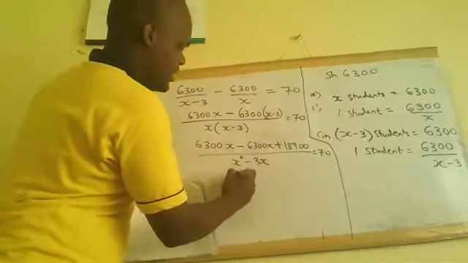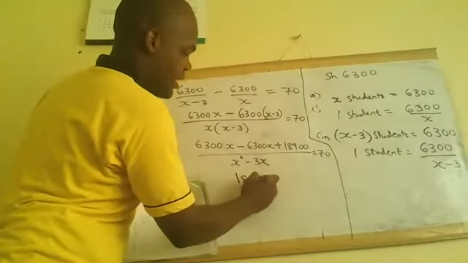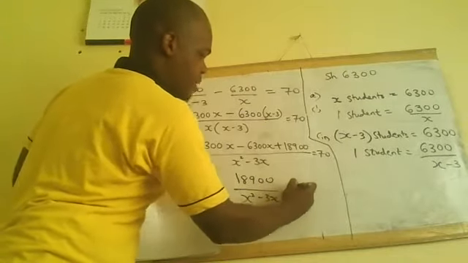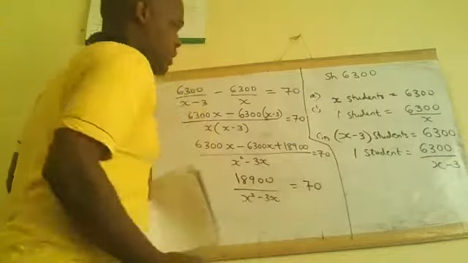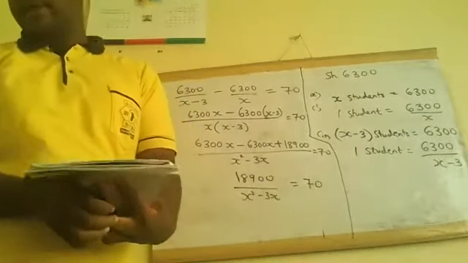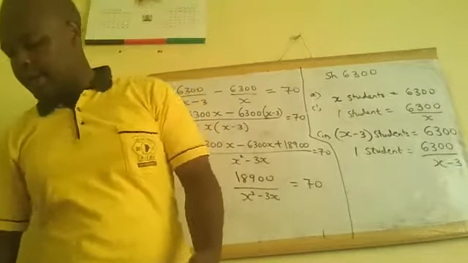So what remains here is 18900 over x squared minus 3x being equal to 70. Let us show our workings clearly.